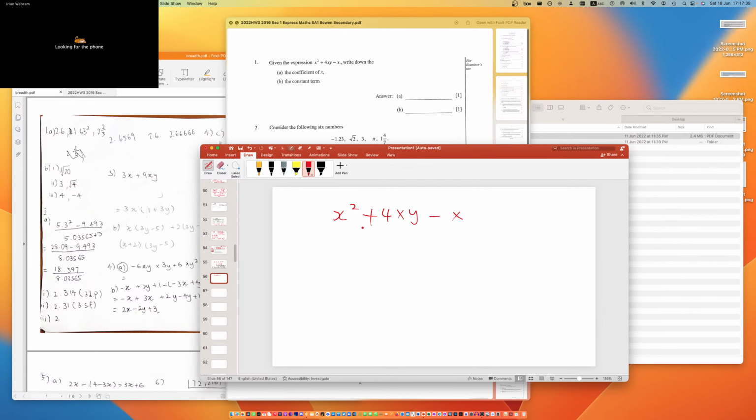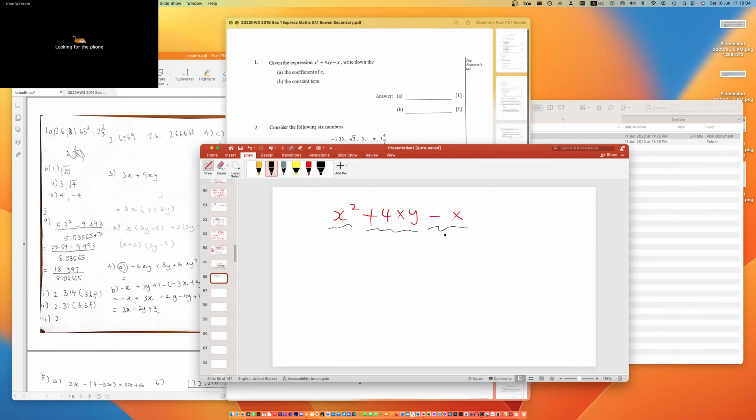Okay, so first thing first, you need to be able to tell there are terms. This is the x squared term. You can consider this the x term, or you can consider this the y term. It depends how you look at it. Then this is definitely the x term.